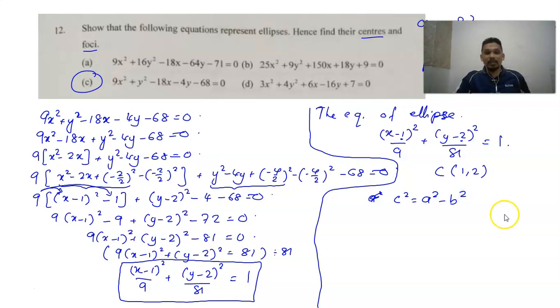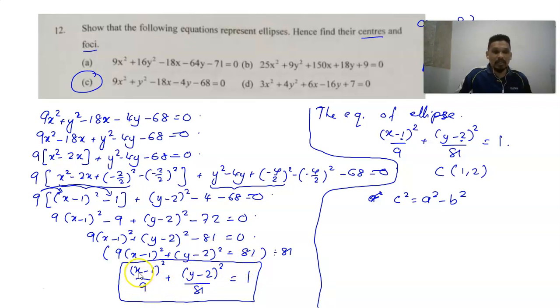We agreed in our syllabus, I did mention in my lecture video, and we agreed among all the math colleagues, that for these two denominators, A is always greater than B, no matter whether A is under Y and B under X, or the other way around.